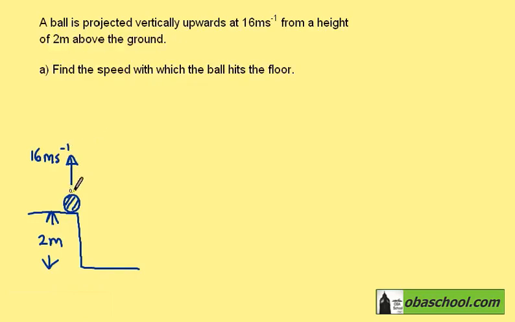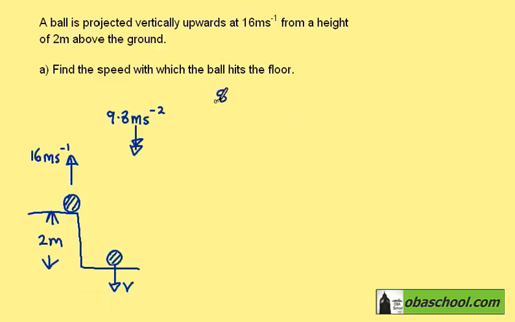It will go up and then fall back down to hit the ground. We want to know v. Throughout the motion, the acceleration due to gravity is 9.8 meters per second squared.